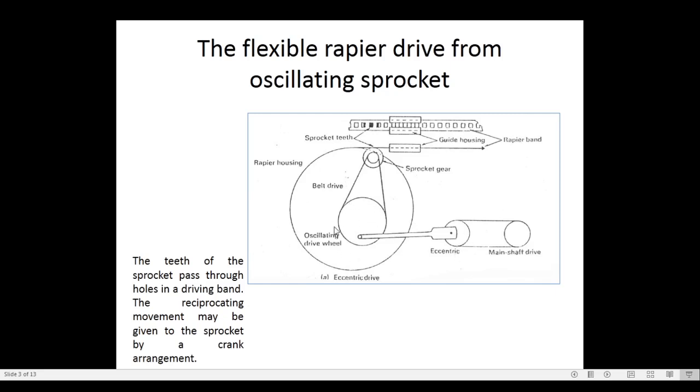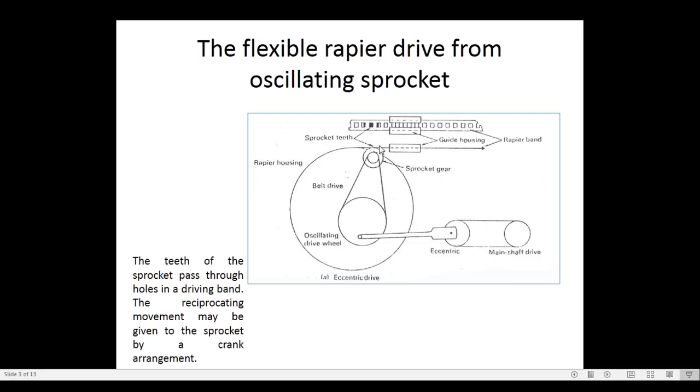This oscillating wheel will move anti-clockwise. This gear will move anti-clockwise, and the rapier, which was in the center, the complete rapier tape, comes out of the fabric width, and the rapier winds in the housing. So this is moving up and down continuously, and this wheel is moving once clockwise and another time anti-clockwise.